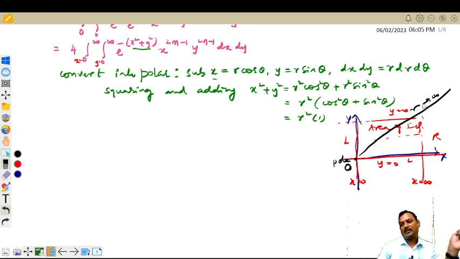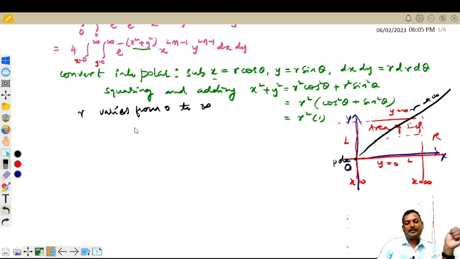So r is continuously moving. r varies from pole 0 to infinity. Since you need to calculate in the first quadrant, theta varies from, student, 0 to pi by 2.